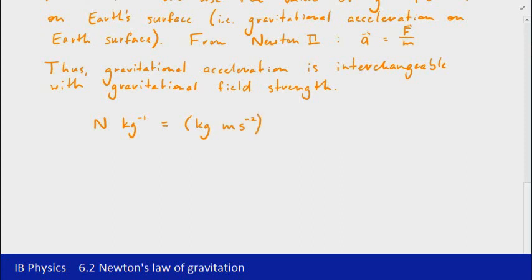So there's newtons per kilogram. Now we've got kilograms and per kilogram, so they'll cancel, and we're left with meters per second squared. So the units of gravitational field strength are interchangeable with the units of gravitational acceleration.